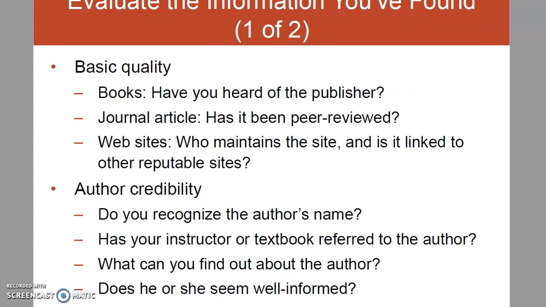The second step, evaluating the information, has 4 parts. You need to look at the basic quality of the source. So, for example, again, with our project, you're using scholarly peer-reviewed journal articles from HACS library databases, so we can have some confidence that those articles have quality.